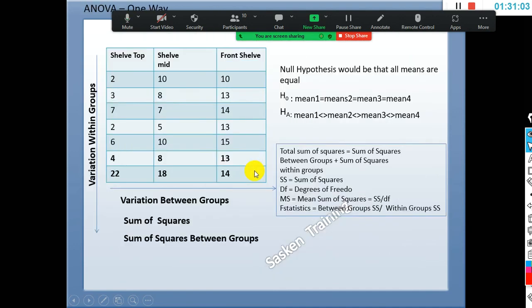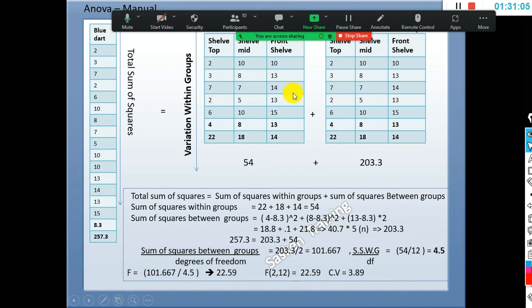By keeping the items in different positions of the shelf, the sale also varies. So with this we are able to understand, yes, keeping the items in different positions of the shelf does have an influence on the sales.